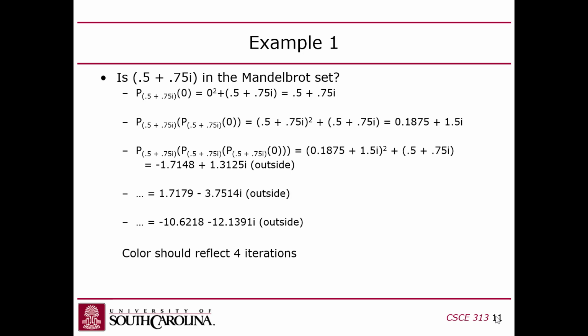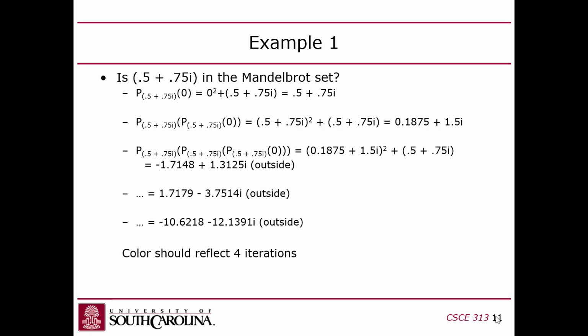So the first evaluation is just going to be 0.5 plus 0.75i, right? But then I take that and plug it back in as z. So now I have to square 0.5 plus 0.75i, and then I add the original c value to that, which gives me 0.1875 plus 1.5i.